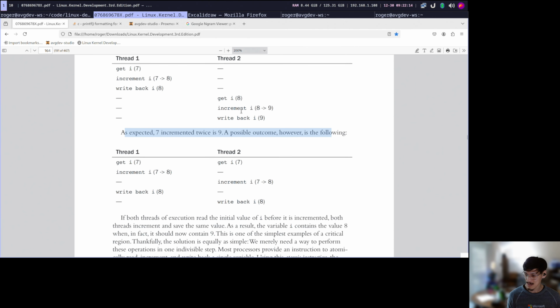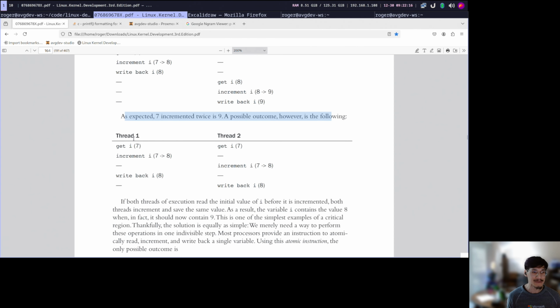But let's look at a bad case. Let's see what happens if thread 1 and thread 2 actually go in at the same time and start interleaving with each other on that same program. So thread 1 and thread 2 now both get I at the same time from memory, 7, and it's assigned to the register.